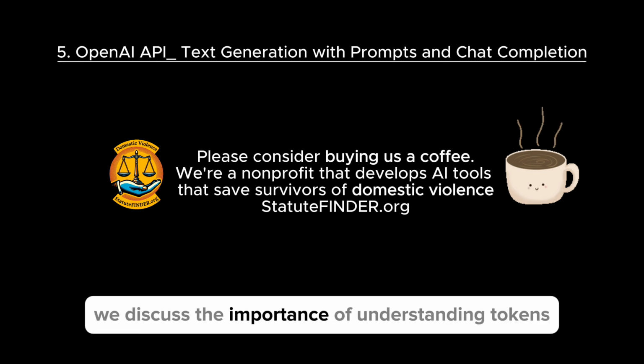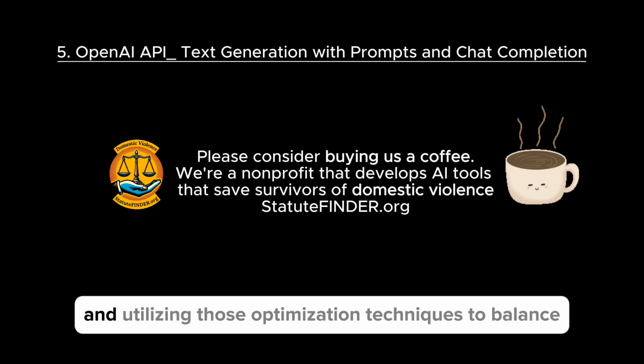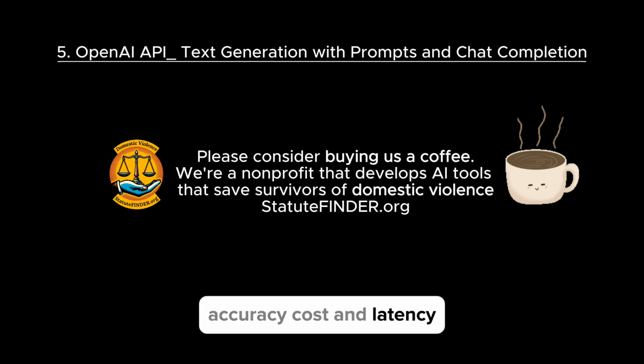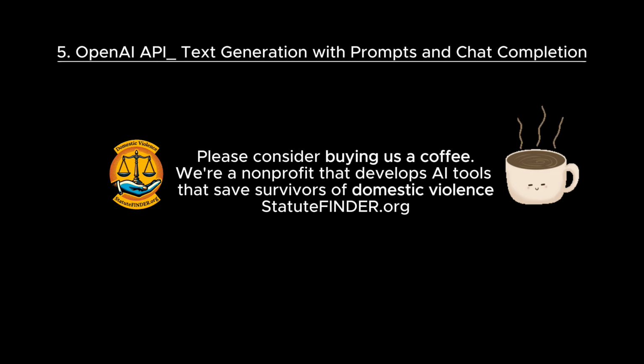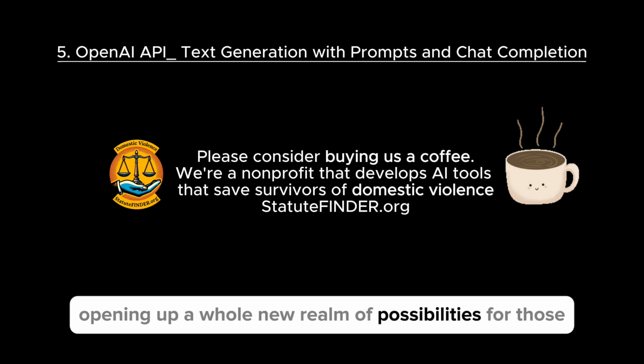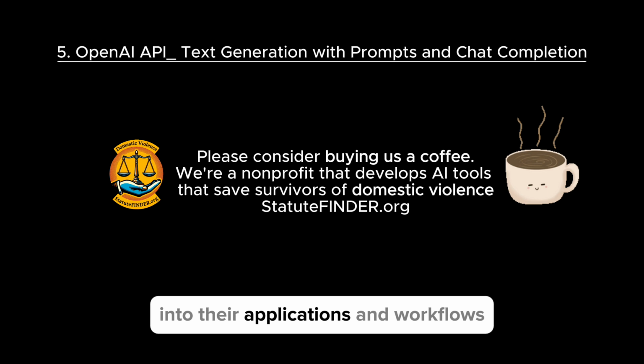We discussed the importance of understanding tokens, managing the context window effectively, and utilizing optimization techniques to balance accuracy, cost, and latency. Absolutely. And to top it all off, we even touched upon the ability to generate structured data like JSON, opening up a whole new realm of possibilities for those wanting to integrate AI into their applications and workflows.